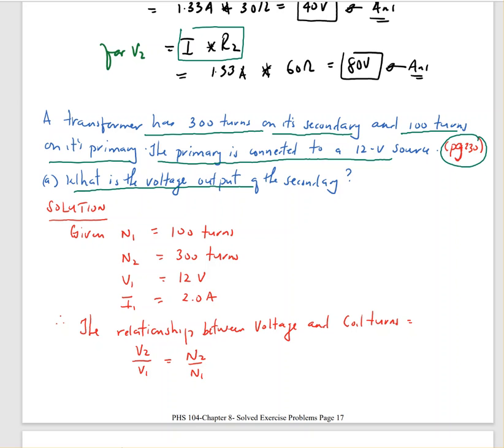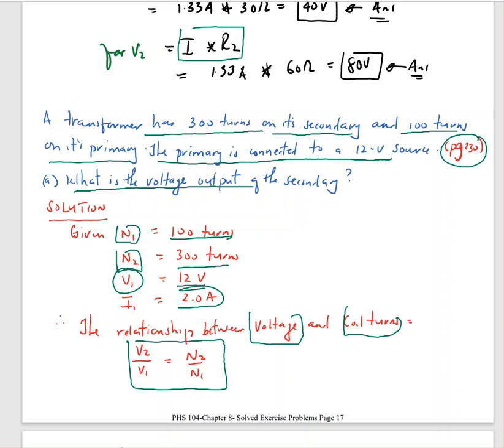Now they gave us N1, which is the number of turns, and N2, which is another set of turns, which would be 300. Our V1, which is our voltage, happens to be 12 volts, and then the current is going to be 2.8 amps.